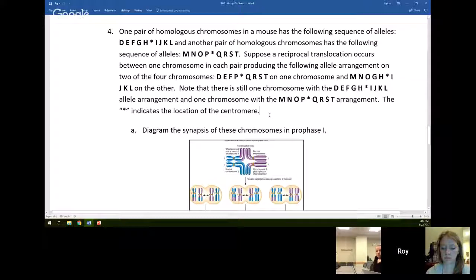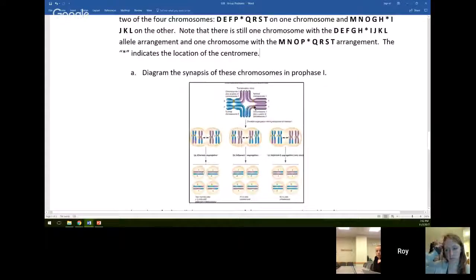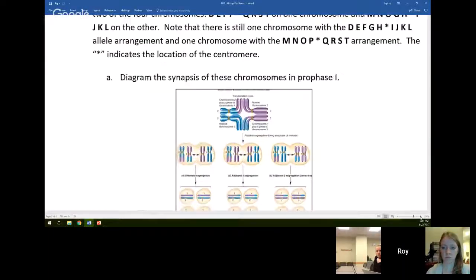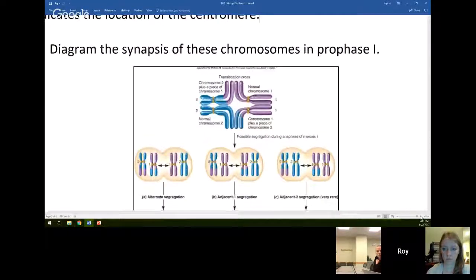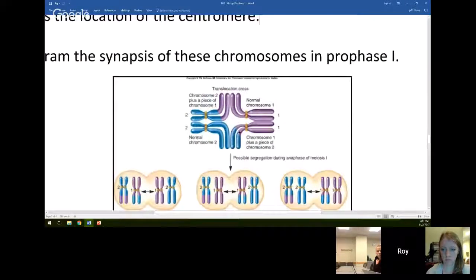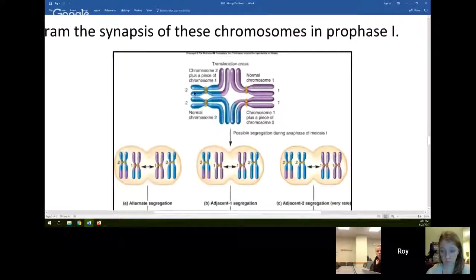And so the first thing it asks you to do is diagram the synapse of these chromosomes. So the diagram they're looking for, if I can zoom in enough for you, is this one right here. What you're going to do is take the original parent type, and it's going to sit here and here and here and here. So you're going to end up with 2 of each of these parent types in the original segregation.